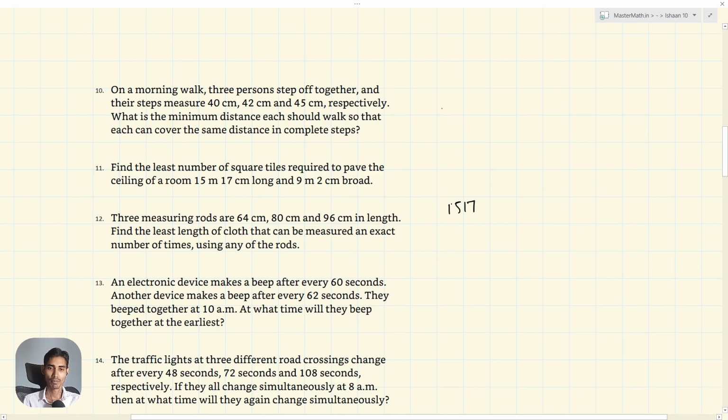You can write the prime values: 2, 3, 5, 7, 11, 13, 17, 19, 23, 29, 31, 37, 41, 43, 47.